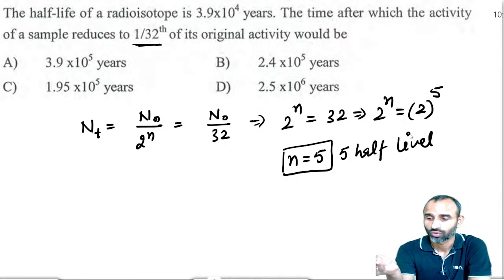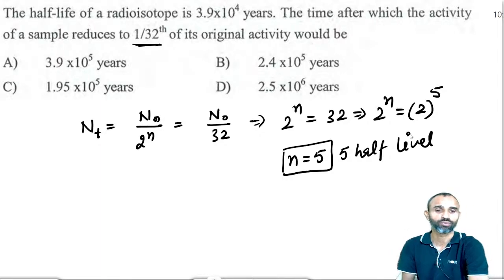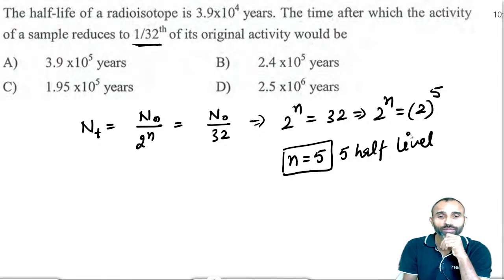After 1, 2, 4, 8, 5 half-lives, it becomes 1 by 32.